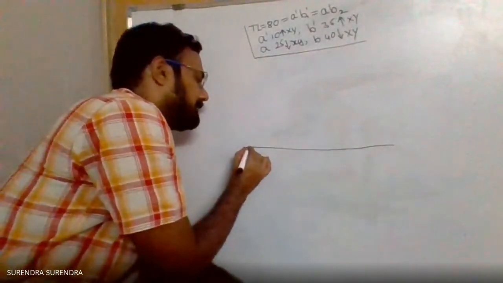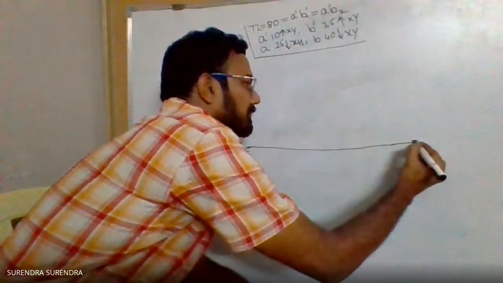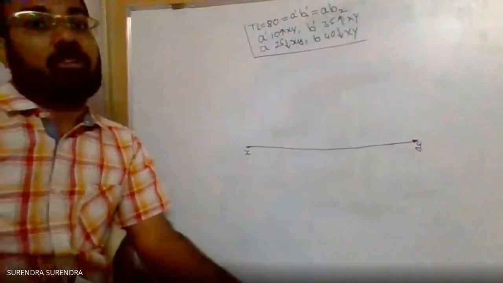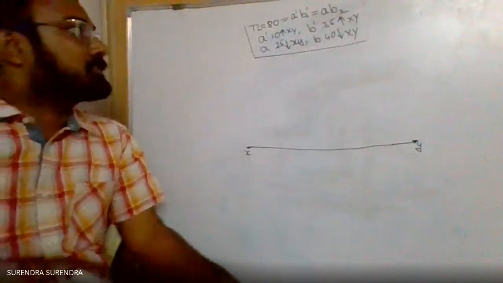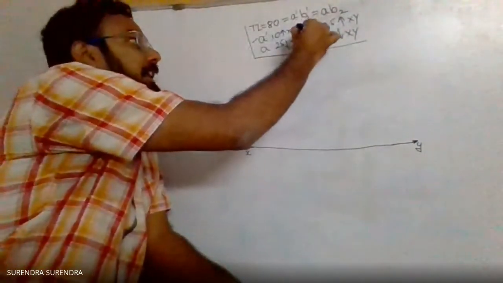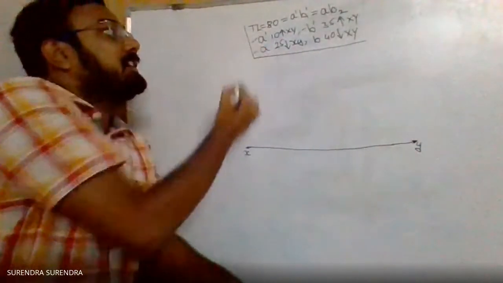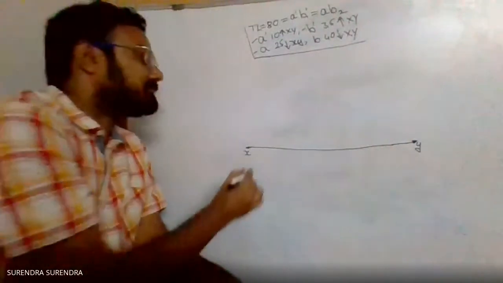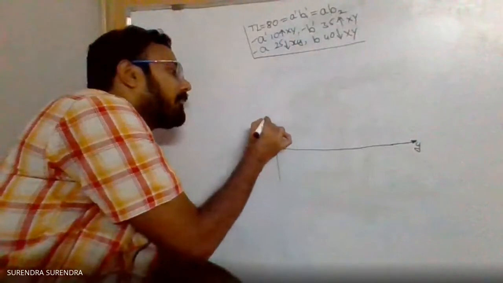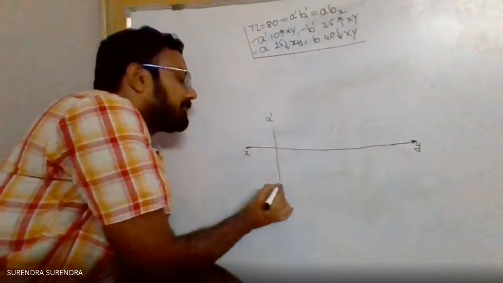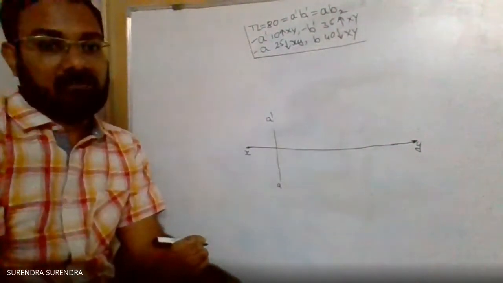This is the basic thing, representing XY. After drawing the XY line, first we have to fix any point, A or B. So let us fix point A. So draw A dash and A: A dash 10 mm above the XY line and A 25 mm below the XY line.